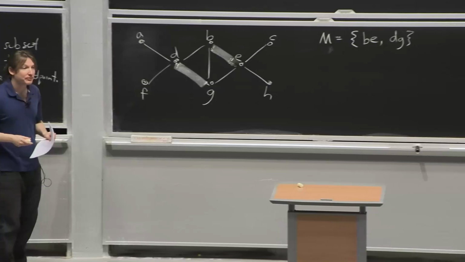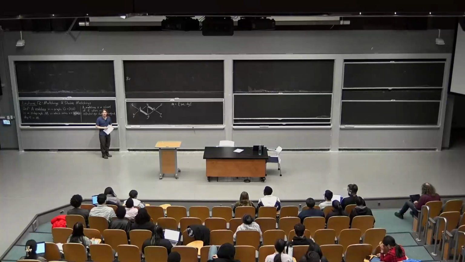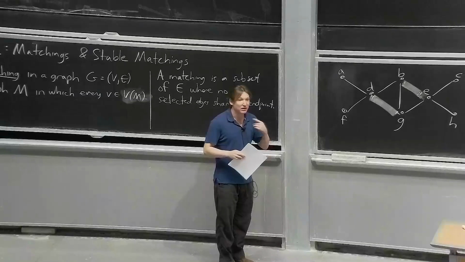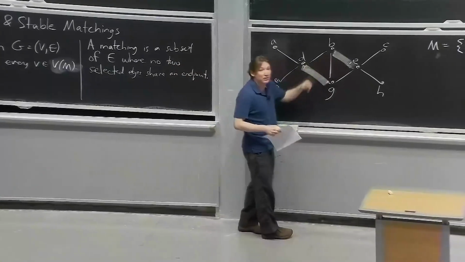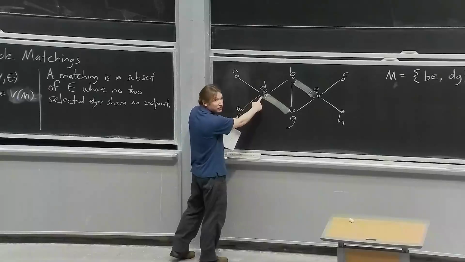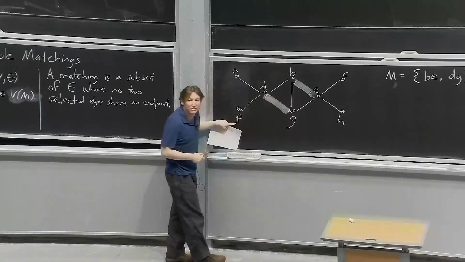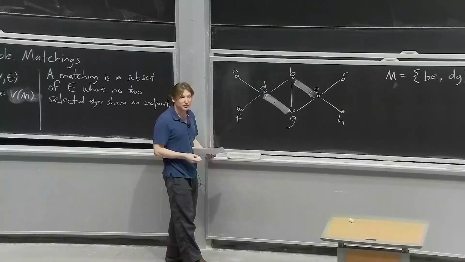Is this a matching? I see some head shakes. Some head nods. Yeah, this is a matching because none of our selected edges have endpoints in common. If I had also chosen edge FD, if I tried to put FD into there as well, then these two edges would be in conflict, and we would no longer have a matching.